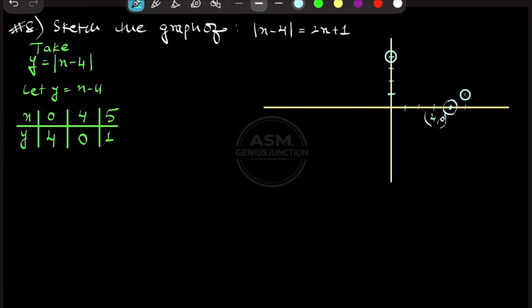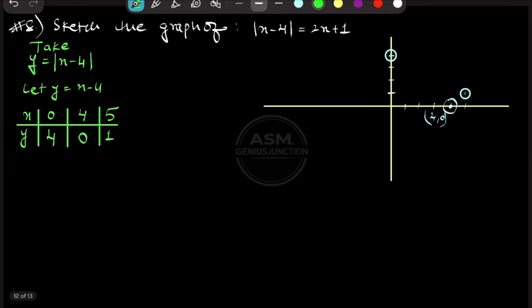Now it's time to quickly plot the graph for the question. So I will make it like this and this. So we plotted the graph for the left hand part, that is y is equal to mod x minus 4. Now we will talk about y is equal to 2x plus 1.